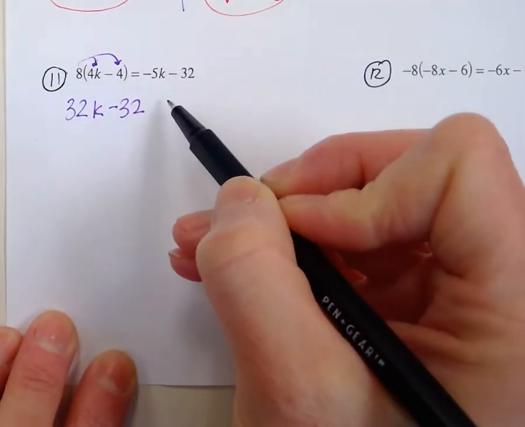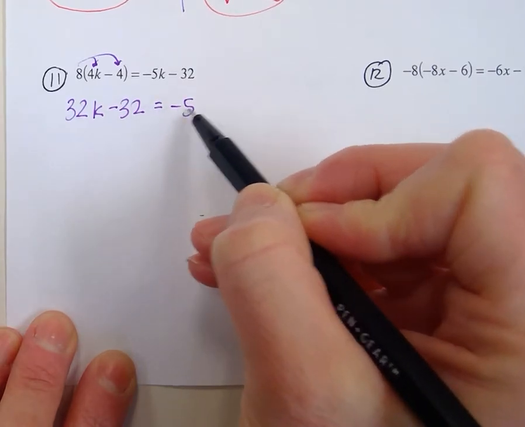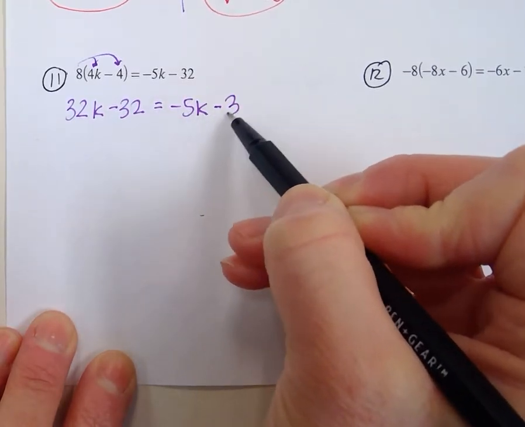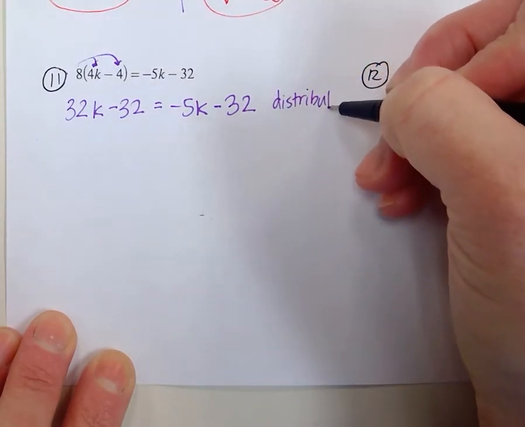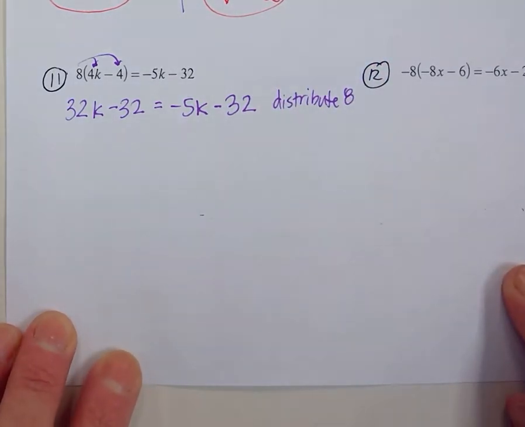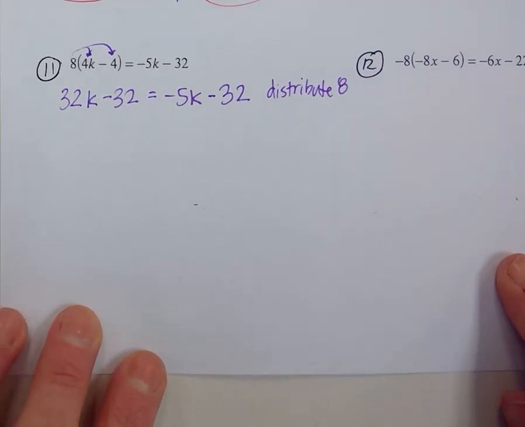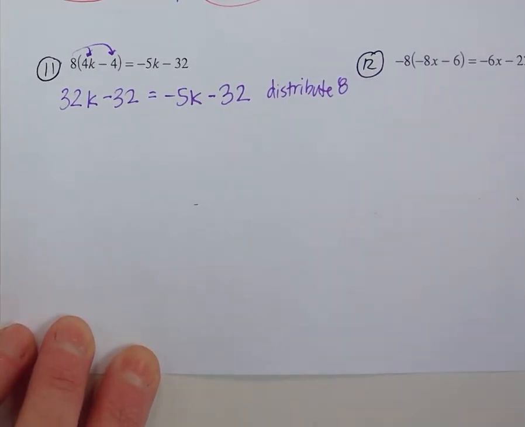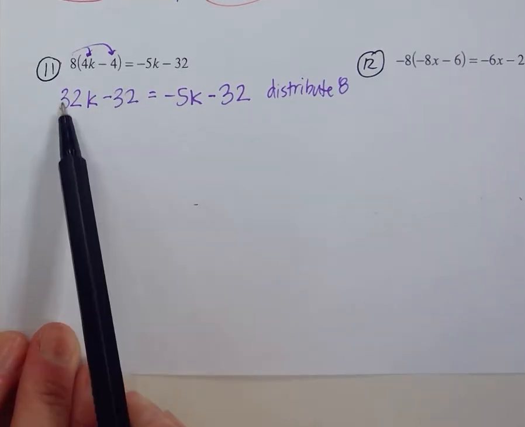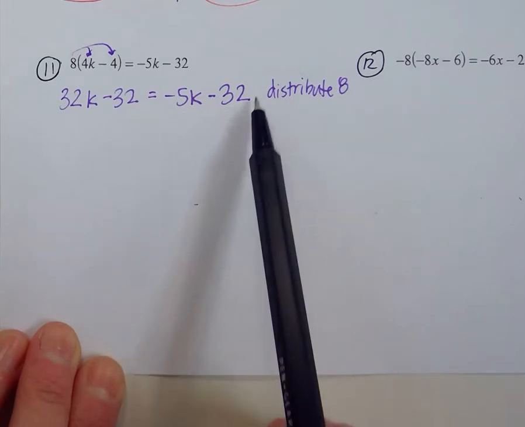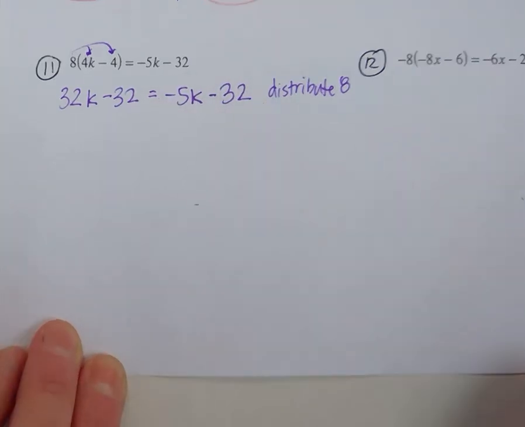I get 32k minus 32 equals negative 5k minus 32. Now at this point, if we look and see what we have, I've got variables and constants on the left, variables and constants on the right.